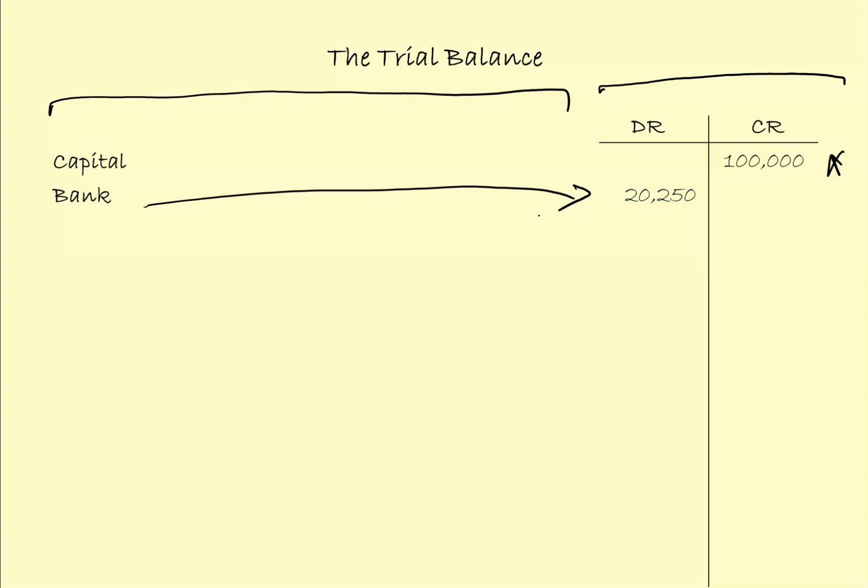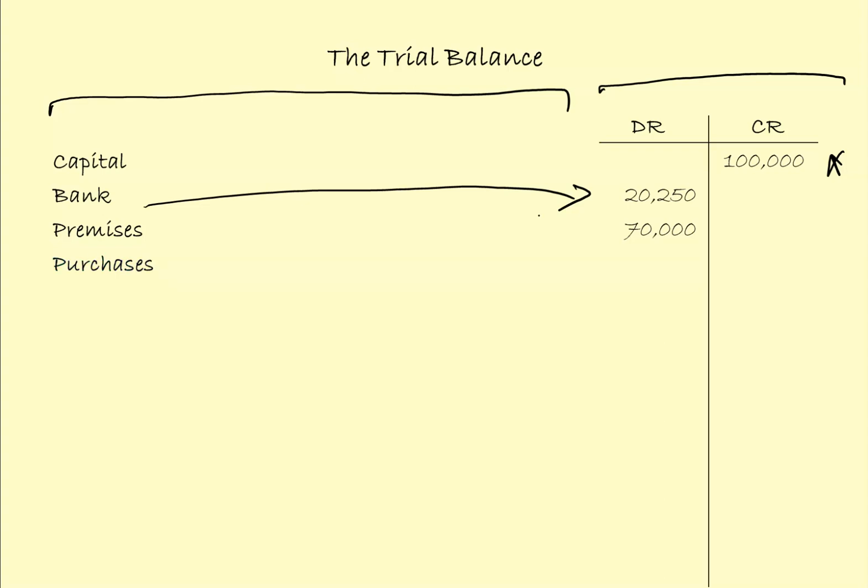And so on down. The next one is premises. You can put them in any order. These are just the order that I actually have the ledger accounts recorded. So premises, and if you look at it, we've done all the hard work here, so I'm just transcribing or extracting the information. The balance on the premises is 70,000 on the debit side. Premises are an asset, so of course it'll be on the debit side.